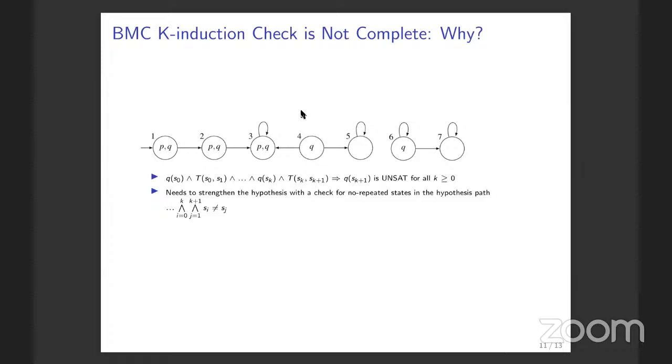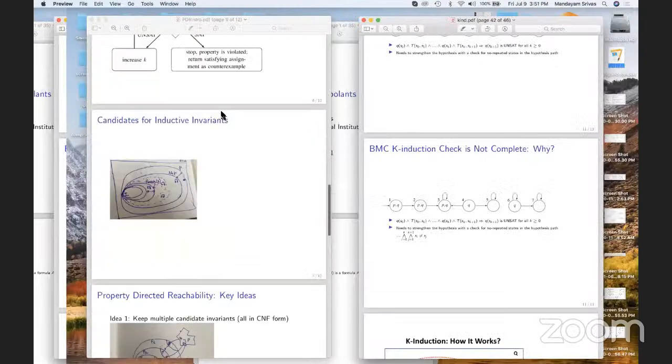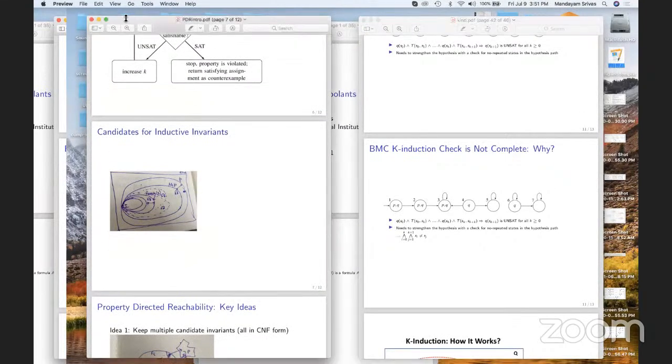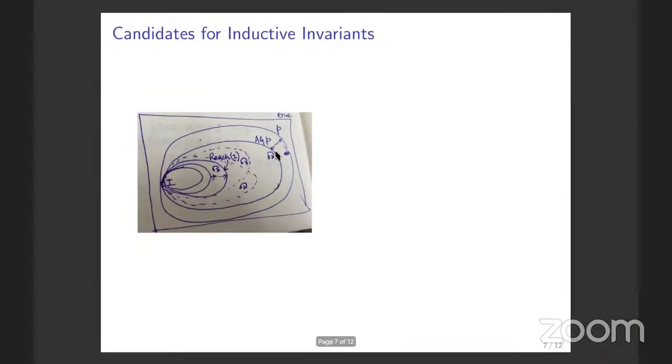So that's an important point that I just now made, which you will see that we will exploit. Here, this fixed point that I'm moving the cursor over, corresponding to AG of P, will have lots of unreachable states, but they're all not counterexamples to induction, because none of them ever go outside of that.